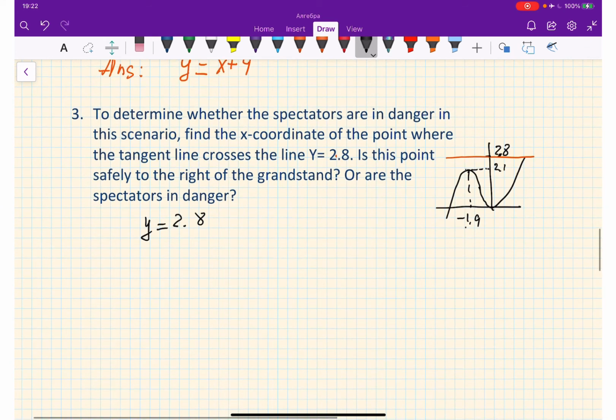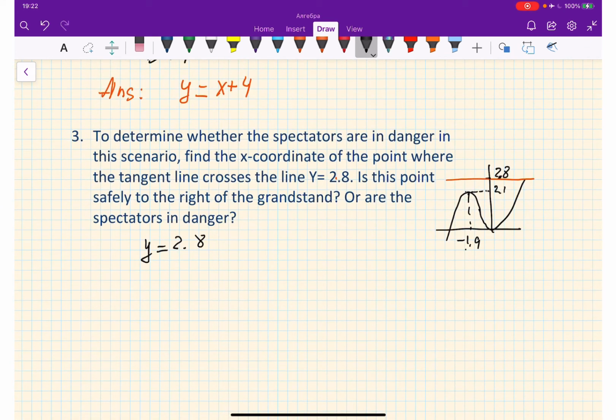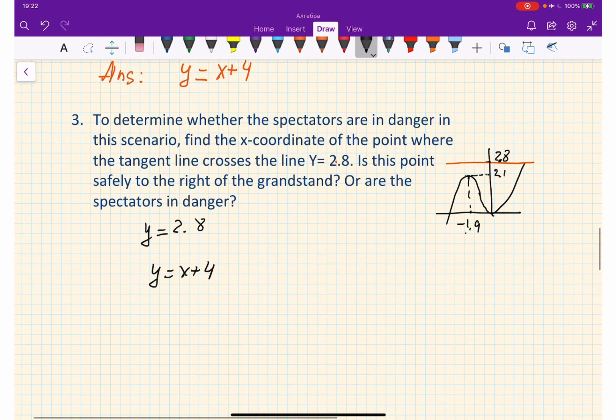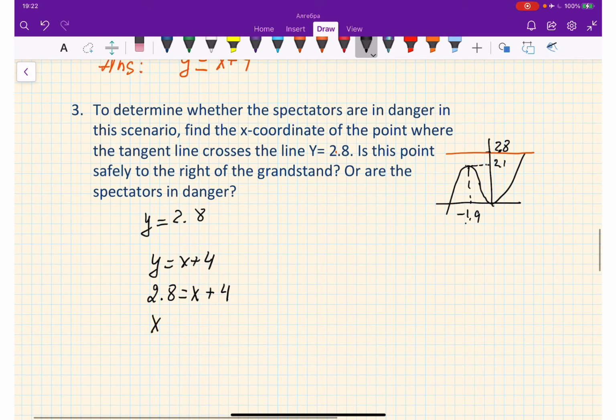So I'm using that graph, y is equal to x plus 4, and I'm plugging in 2.8 to find out which value of x will match, and x is equal to negative 1.2. So it's right here, 1.2, somewhere here, right?